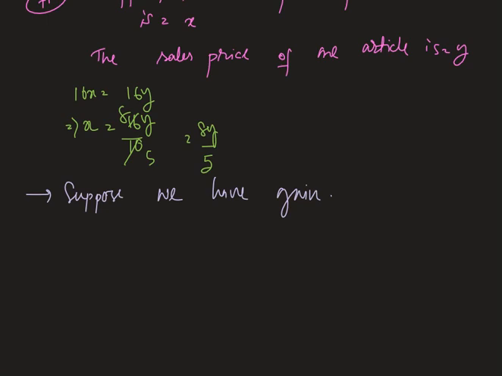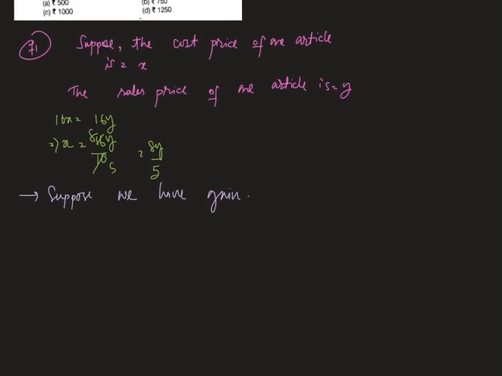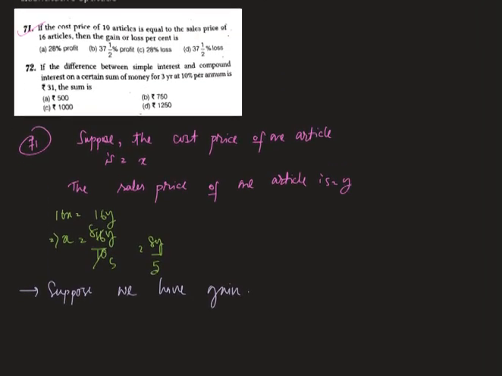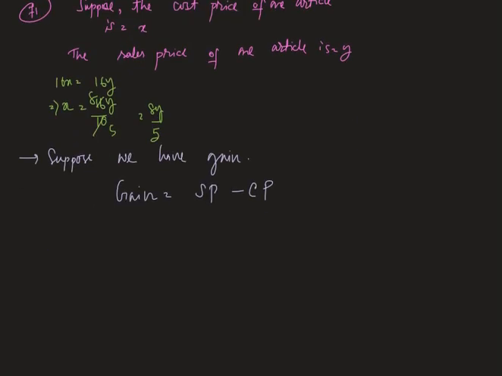We assume that there is no such evidence, but we assume for our convenience we have a gain. Therefore gain is equal to selling price minus cost price. Now the selling price for one article is Y and the cost price is X.